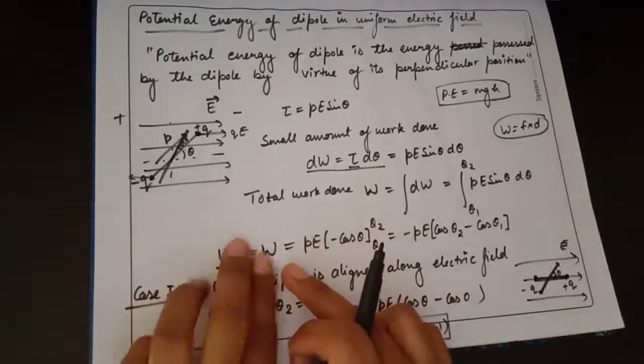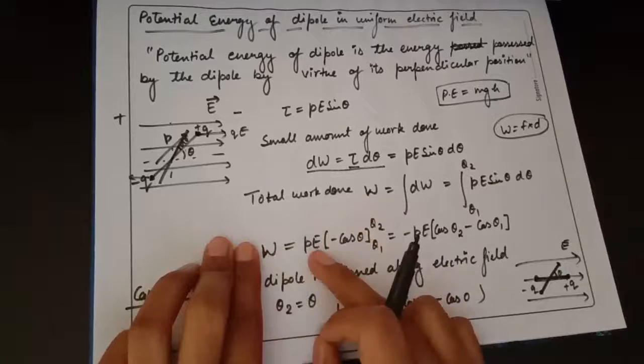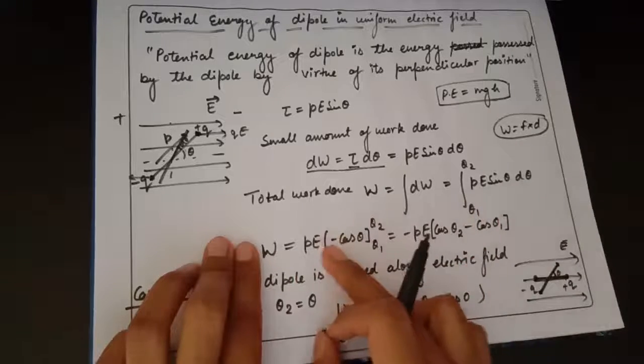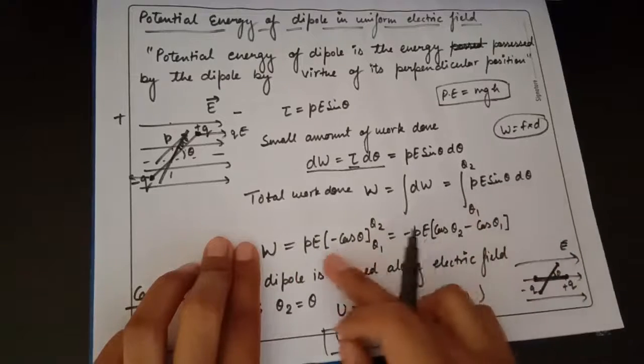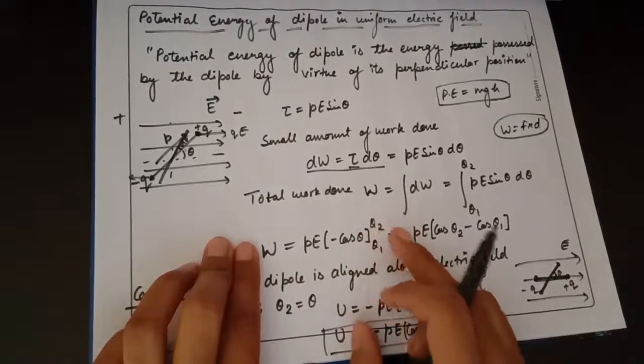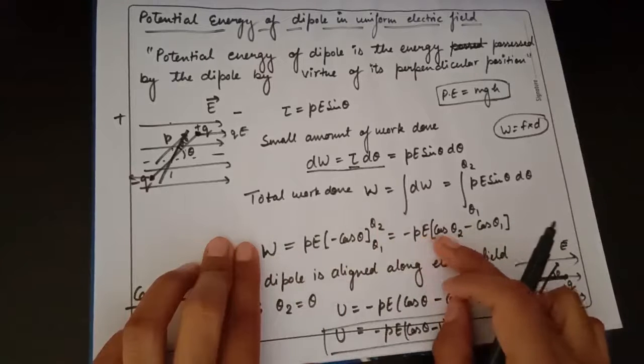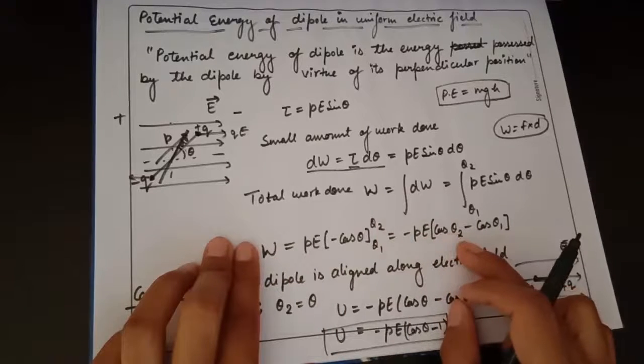Now I will just integrate it. The integration of sin theta gives you minus cos theta, with the limits theta 1 to theta 2. So I will put the limits, and the work done is calculated as minus pE times cos theta 2 minus cos theta 1.